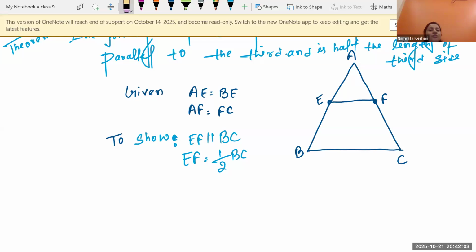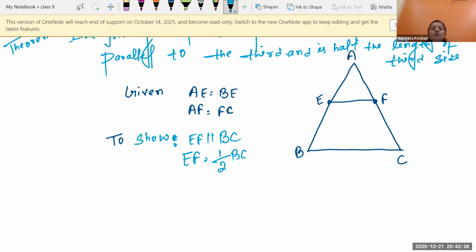See, you are having a triangle, just a random triangle. In this triangle, you know the midpoint of AB and you know the midpoint of AC, and you are joining these two midpoints, and you are getting such a line segment which is parallel to the third side and is half of the length of it. Okay. Now let's see how we'll prove it.